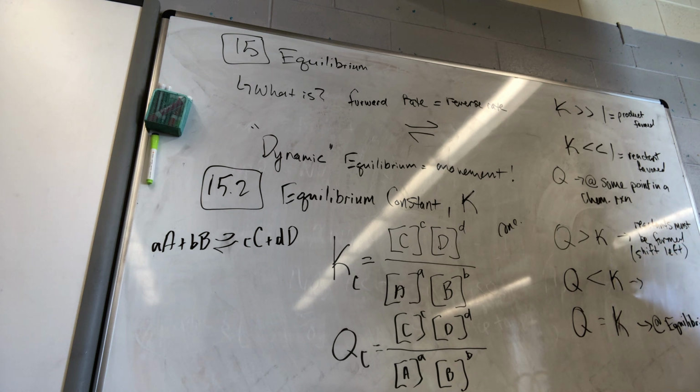In other words, we talk about which direction the reaction needs to go in order to get back to equilibrium. If Q is less than K, we must form products, AKA, we must shift right.